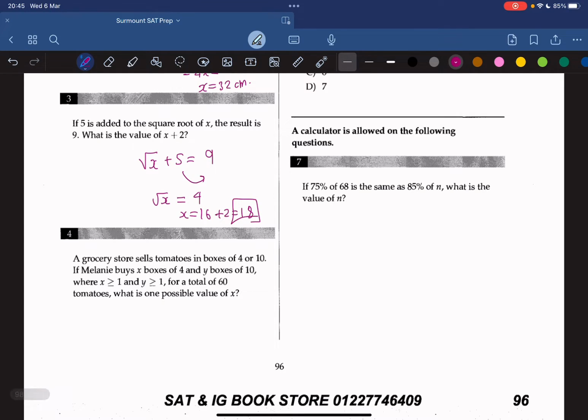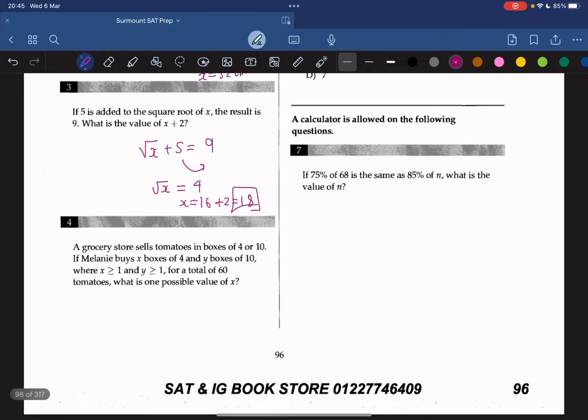A grocery store sells tomatoes in boxes of 4 or 10. If Melanie buys x boxes of 4 and y boxes of 10, where x is greater than or equal to 1 and y is greater than or equal to 1, for a total of 60 tomatoes, what is one possible value of x? So based on the information, what we need to do for word problems is to construct an equation. So we know that 4x plus 10y must be equal to 60.